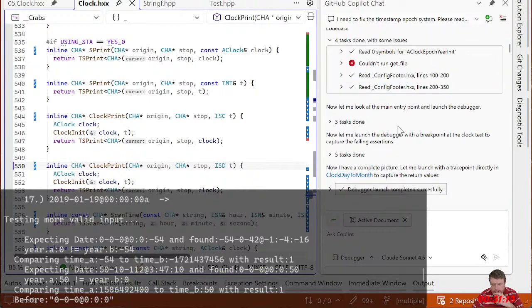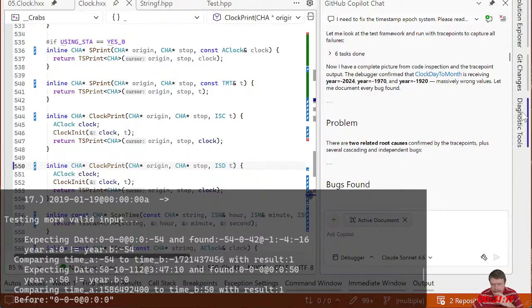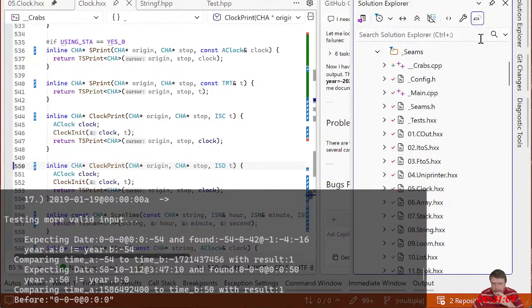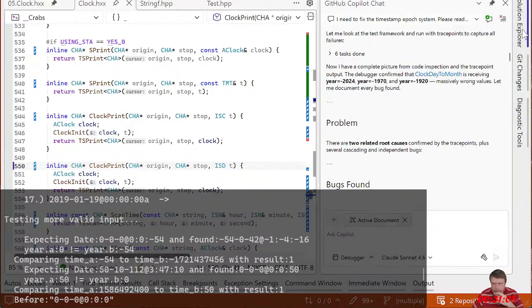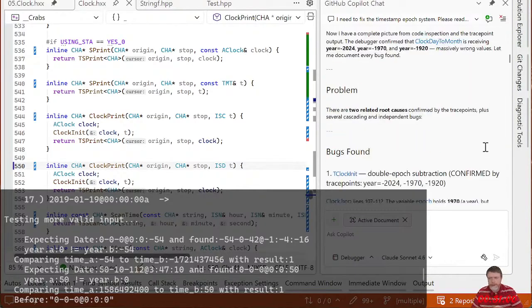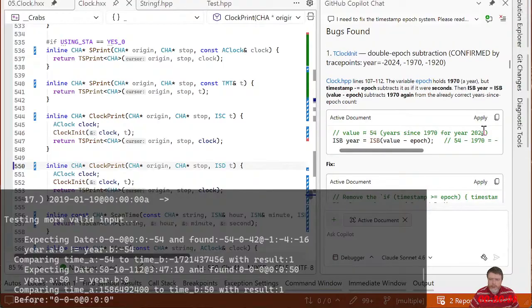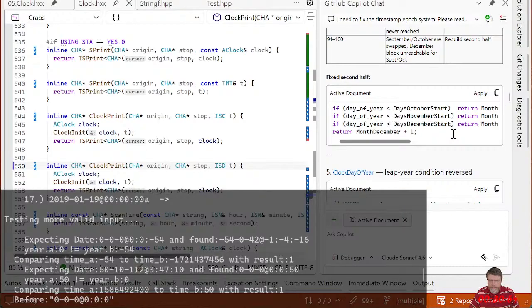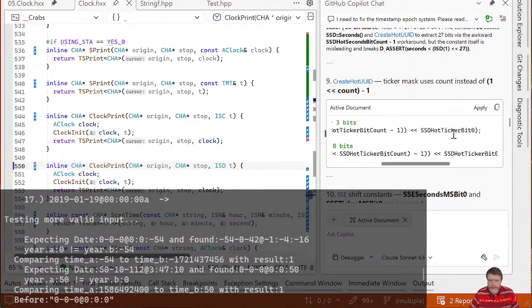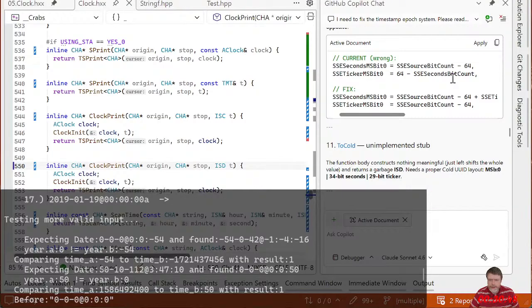Clock. Oh, there's the rest of it. Okay, so these were bugs that it fixed, which I was pretty happy with. The thing's confused about the 28-bit timestamp.